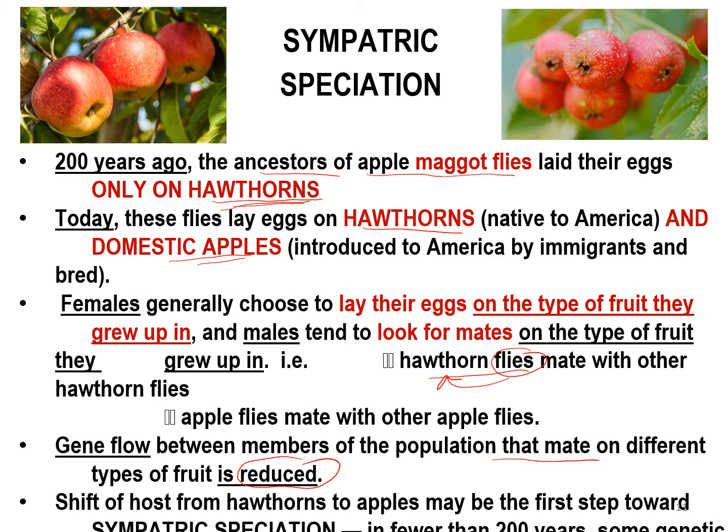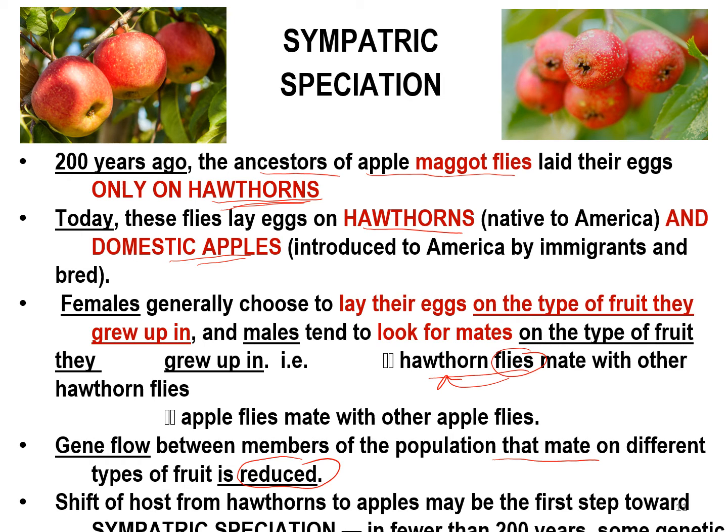Gene flow maknanya dia dah tak cari lalat daripada buah yang jenis lain. The shift of host from hawthorn to apples may be the first step towards sympatric speciation. Jadi mungkin ada yang terpisah dan terduduk dekat domestic apples, bukan hawthorn.